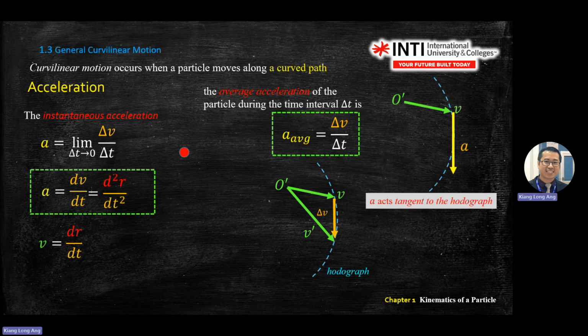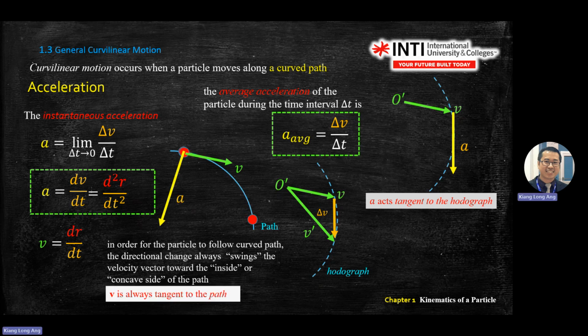I'll give you all the equations. So this one, you know, A equal to dv dt. What you do is substitute V with S. So in rectilinear motion, A equal to dv dt.